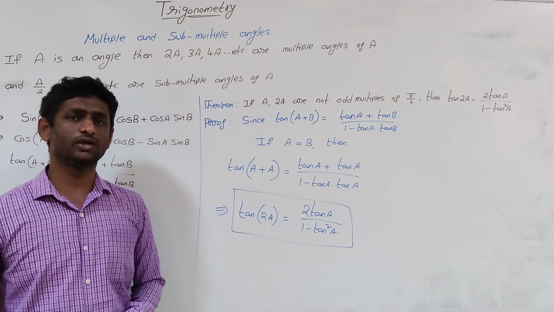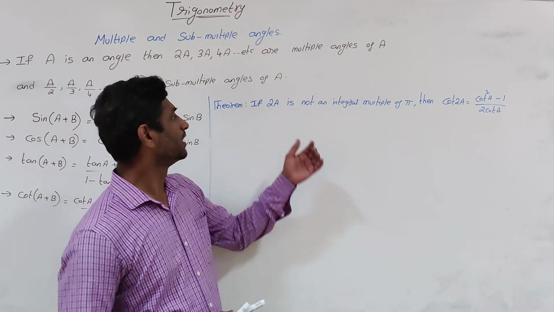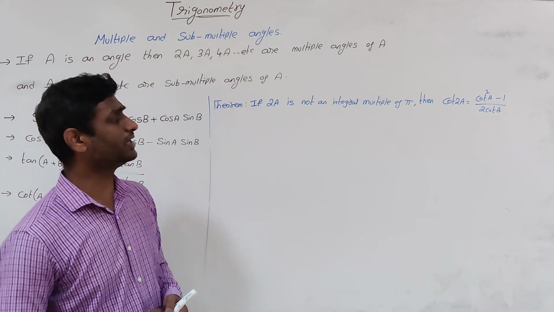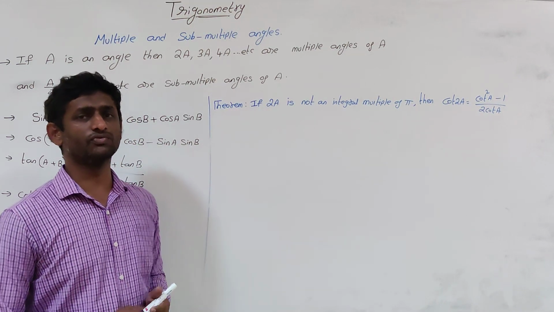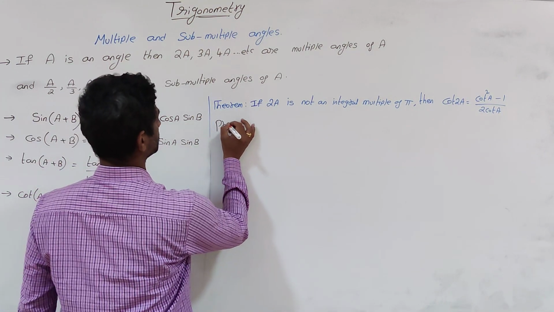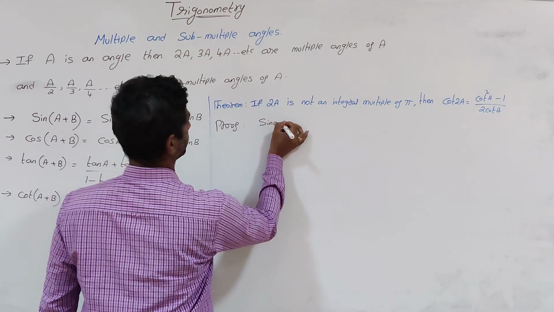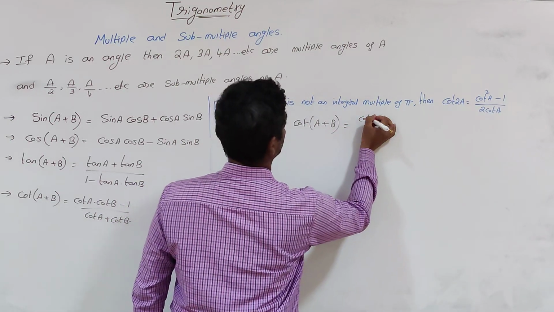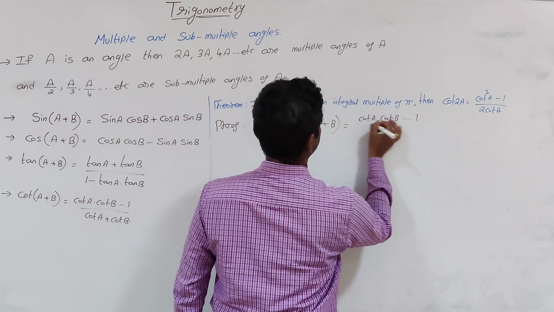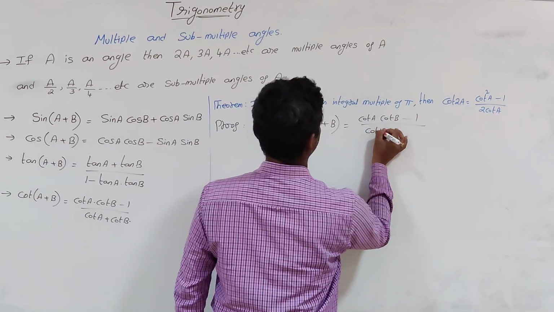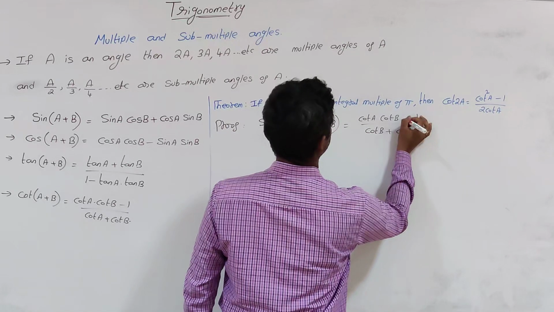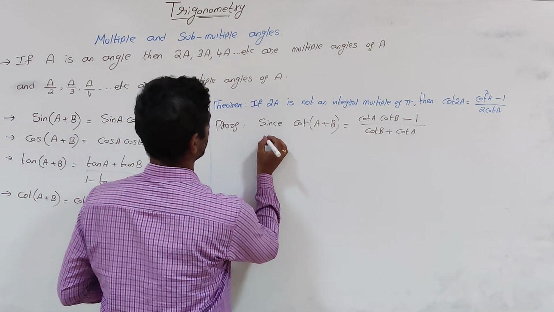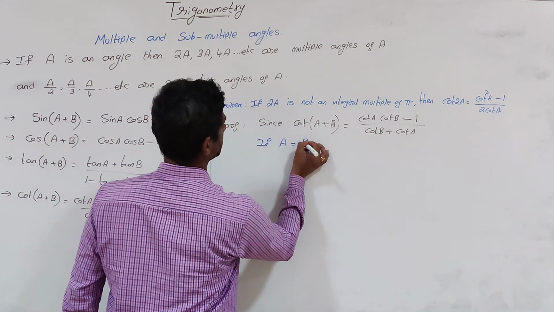Next, we'll go for cot 2A. Next theorem. If 2A is not an integral multiple of pi, then cot 2A is cot square A minus 1 by 2 cot A. We'll derive the proof. Since cot of A plus B is cot A cot B minus 1 by cot B plus cot A. Now if A is equal to B, then what happens?